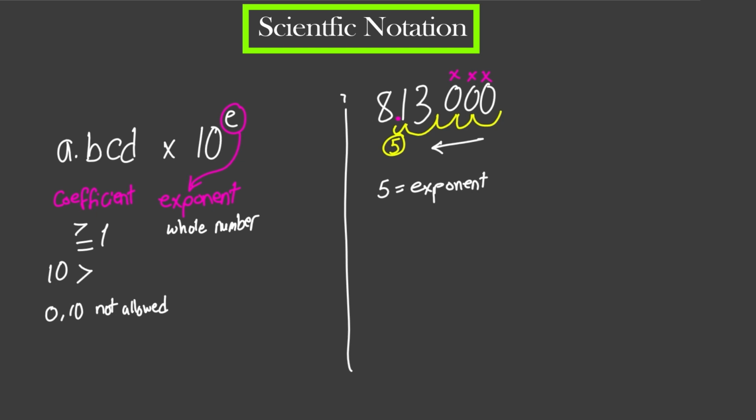But remember, if they were between the numbers, then you're not going to delete them. And then we'll write the multiplication sign and 10 to the power of the exponent, which is 5. So the end result is 8.13 multiplied by 10 to the power of 5.